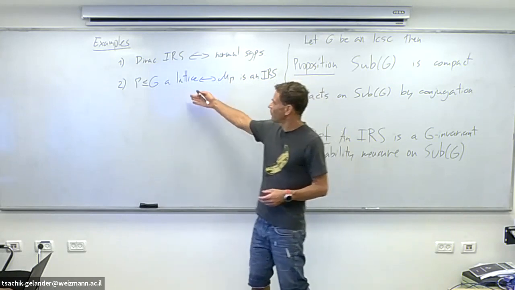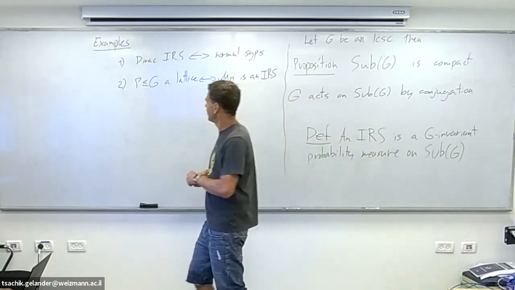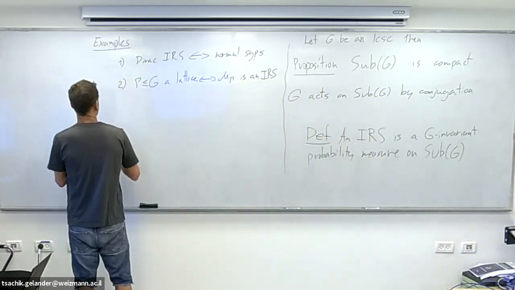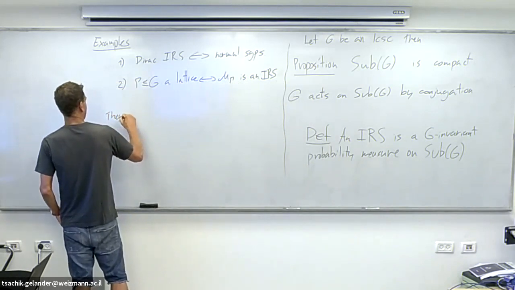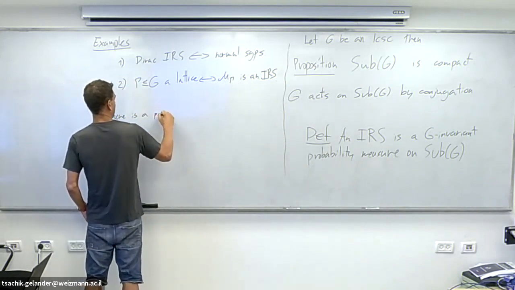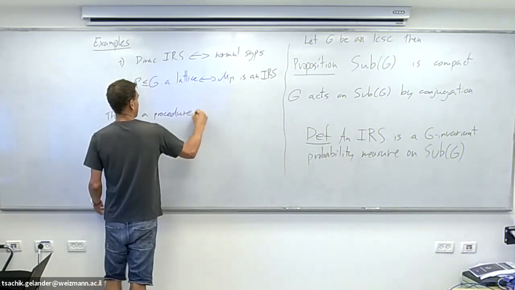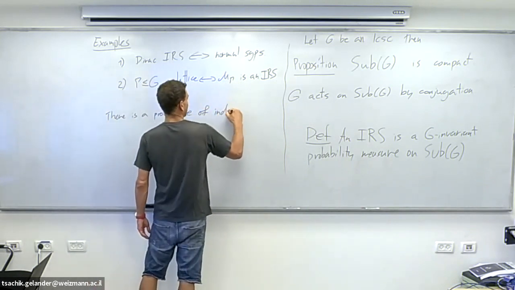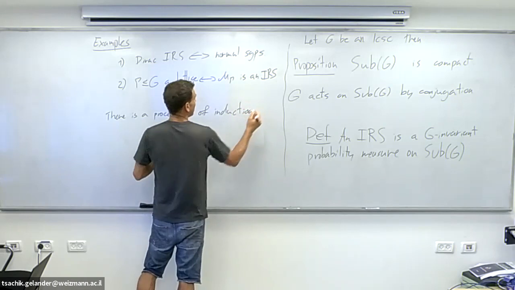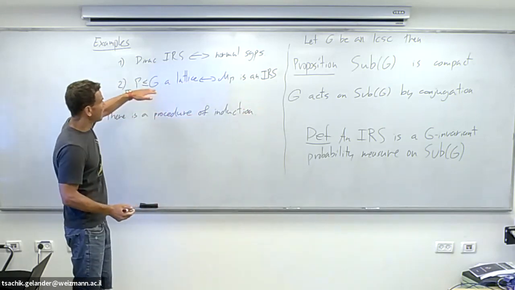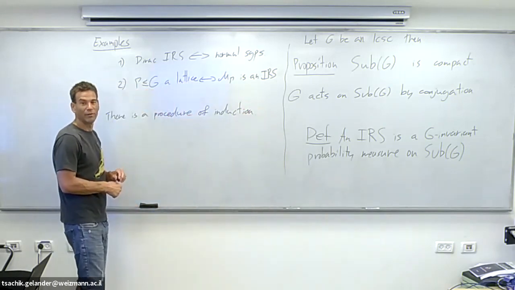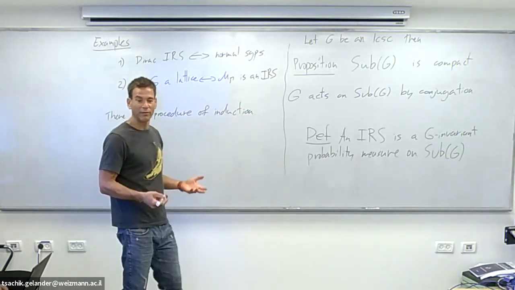But here, to get more examples, I just want to mention that there is a procedure of induction. If you have a lattice, for instance in SL2R, the free group is a lattice in SL2R.